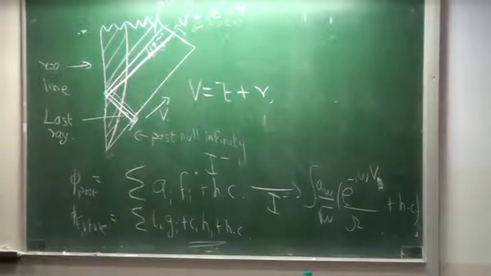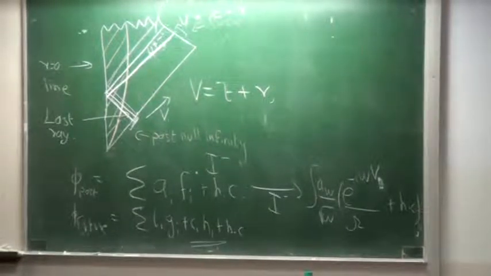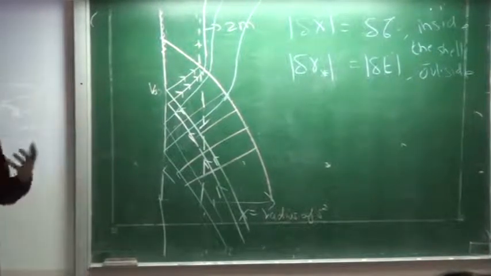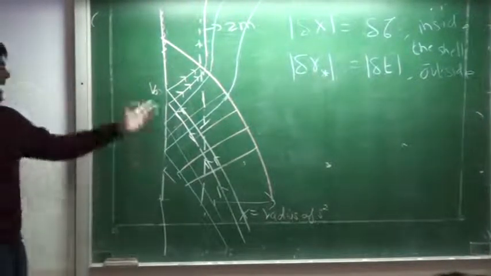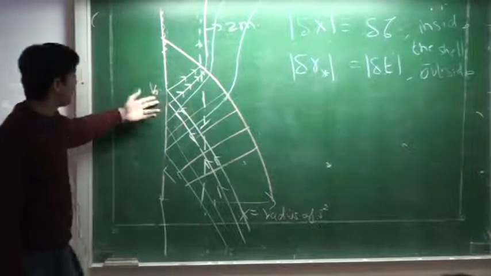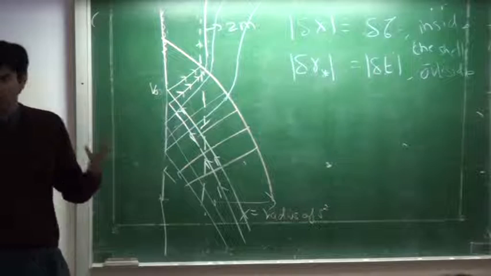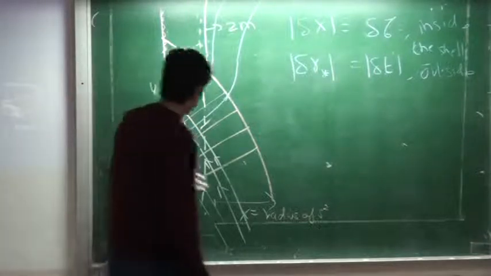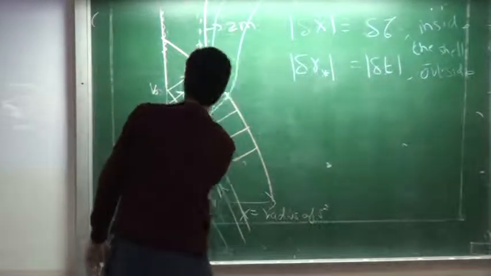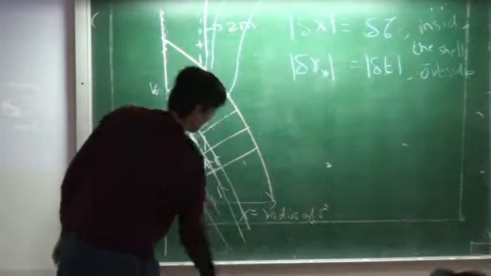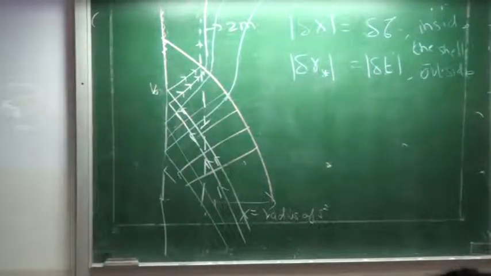So you can check that in these coordinates, that is V naught. So it preserves T plus R. At this point, T plus R is by definition V naught because R is 0. The radius of the S2 is 0. Therefore, this goes back and hits past null infinity. This ray goes back and hits past null infinity at a point V naught. That's in this figure, the labeling here of V naught.